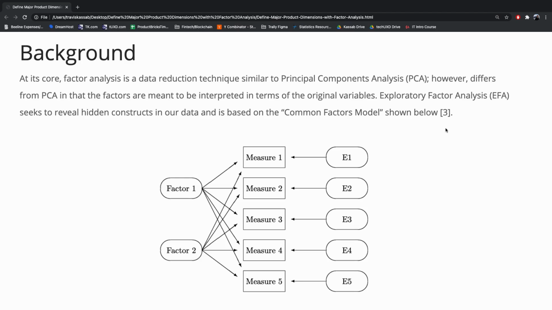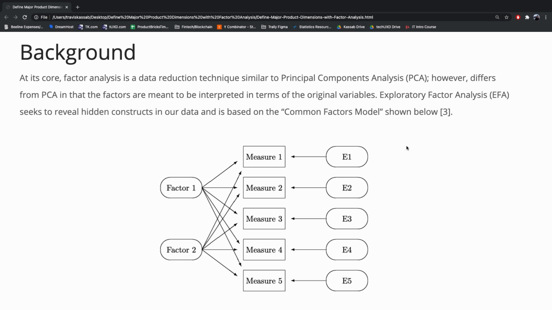And the idea is that we can take actual direct measurements with specific questions in a survey. We can ask customers how much they agree or disagree with statements, and these are direct measurements. And what factor analysis does, this is the statistical technique that we'll use, is something called Exploratory Factor Analysis, EFA.